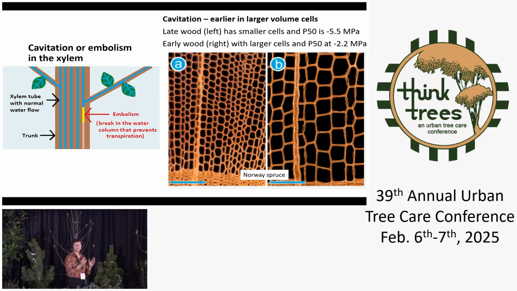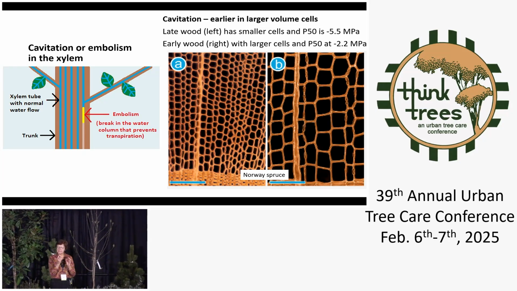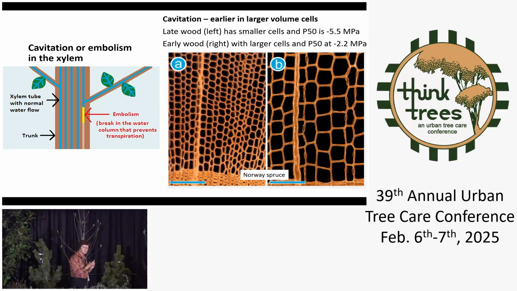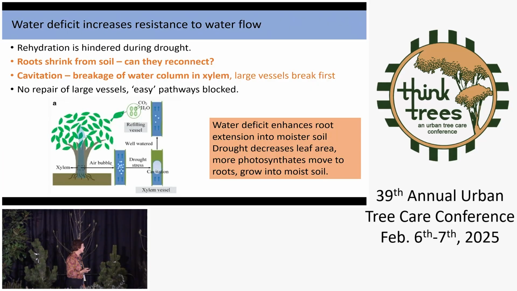And there are also some plants, even though they have larger cells, that may be more cavitation resistant because they have more substances that will make these cells essentially very tough and hopefully help to prevent the cavitation, the embolism within the plant. So if we can rehydrate the plant in a timely manner, this may not happen.